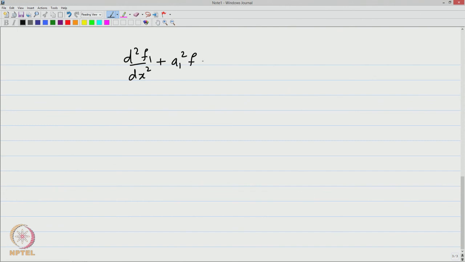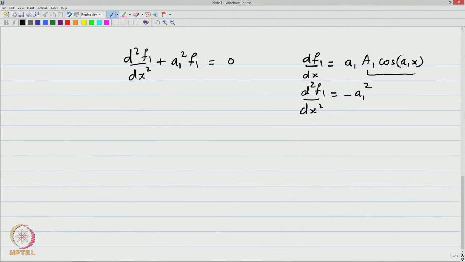That is easy to derive, because df by dx is a1 cos a1 x, and the second derivative d square f by dx square is the derivative of cos, which is minus sine, and therefore you have minus a1 square times a1 sine a1 x, which gives that equation.